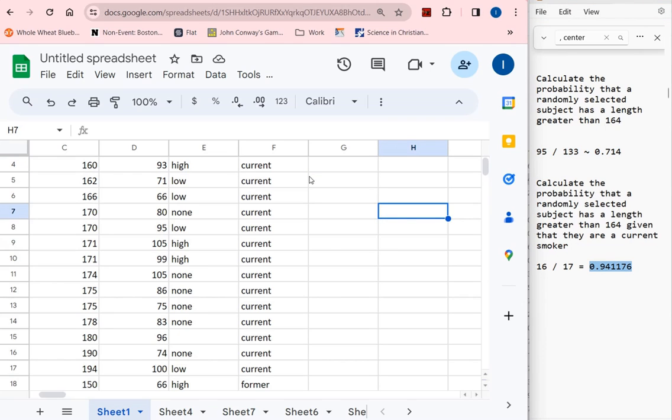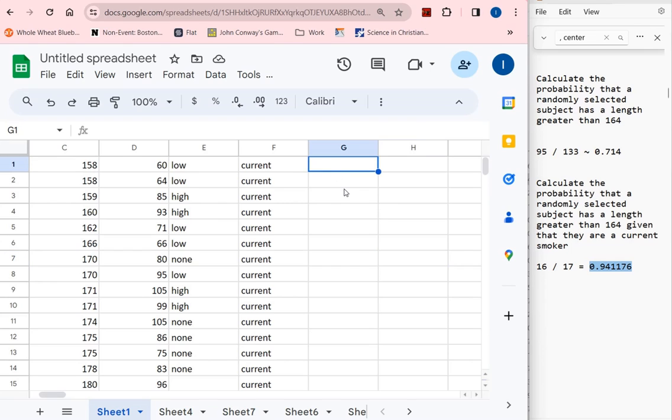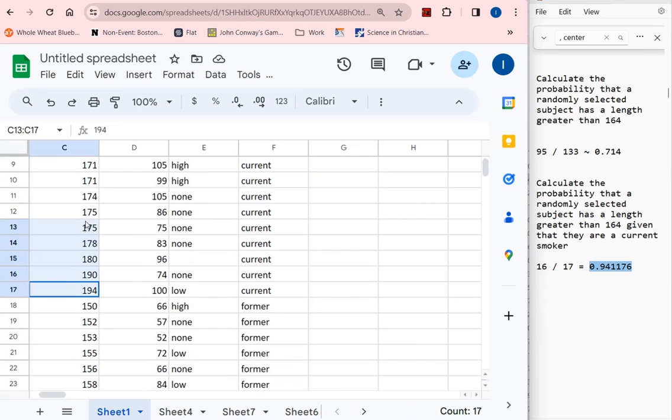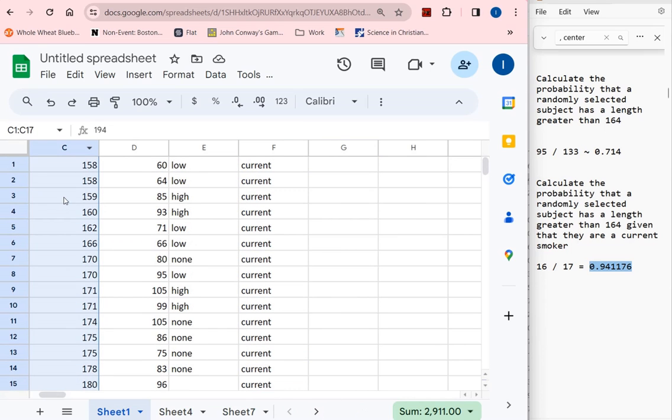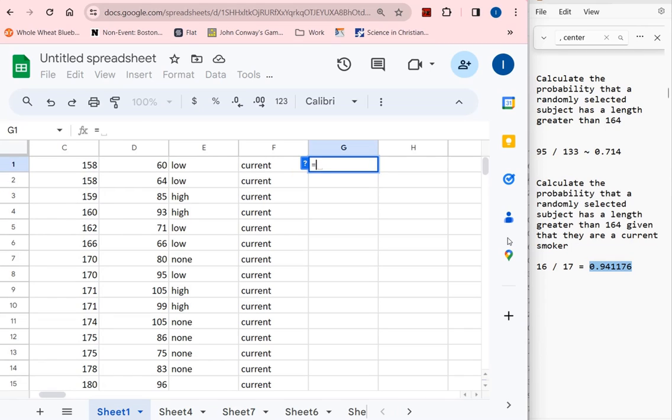The other way of doing that, if you're having trouble for some reason, is you can quickly have Excel count how many people meet this criteria. So we've got current smokers just like we want. Let's say this wasn't sorted the way we wanted. This is all jumbled up. You can quickly make a column of ones and zeros where the ones represent a person that has a length greater than 164. So get an empty cell next to the column that we're sorting based on.